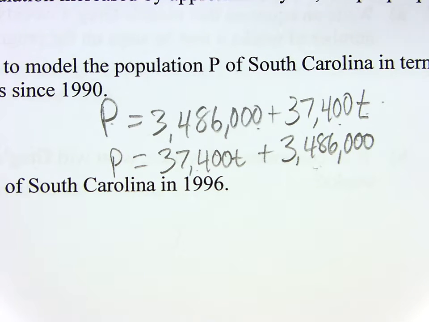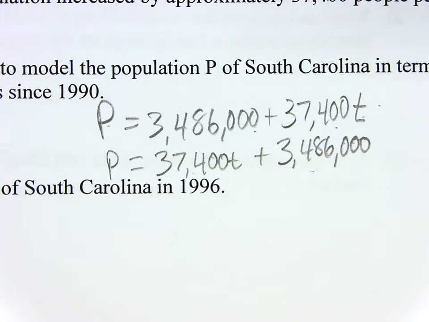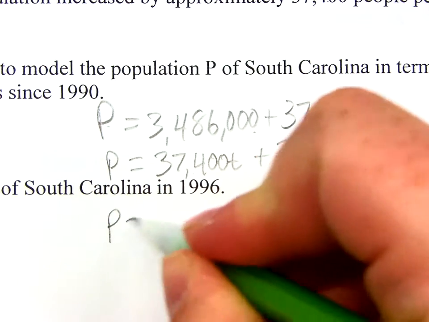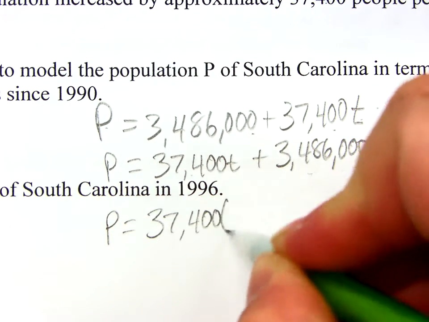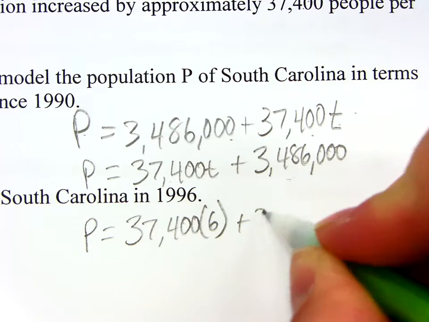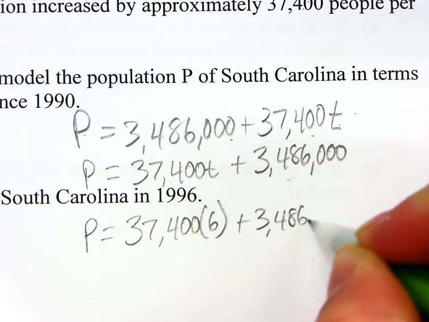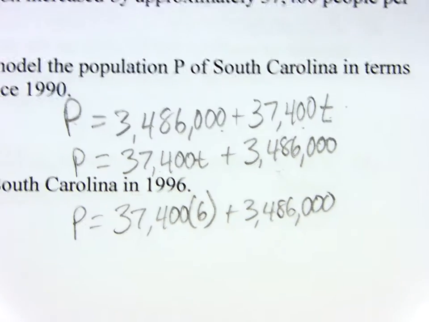And let me grab my calculator. Got it. So I'm just going to pop in a 6 for the number of years, and I'll be able to estimate their population in 1996.